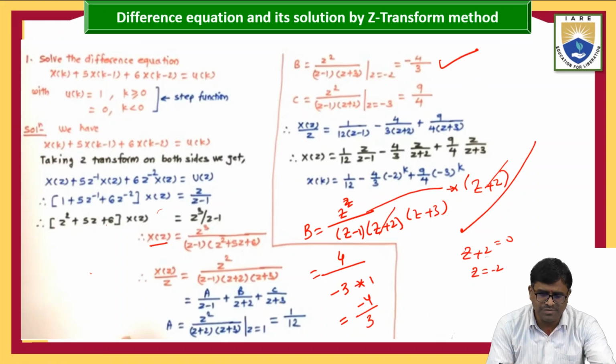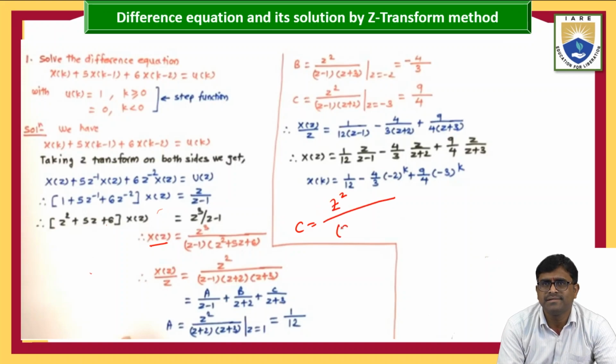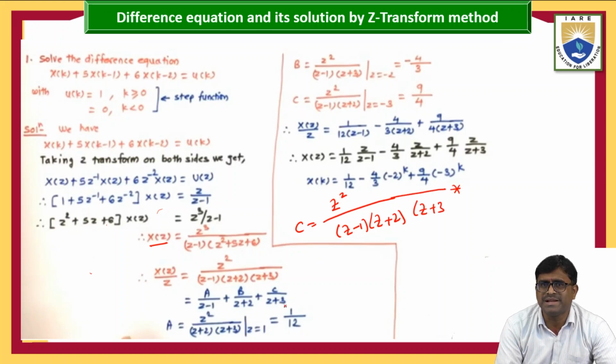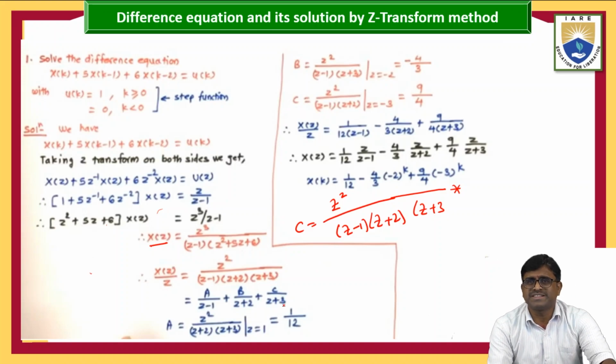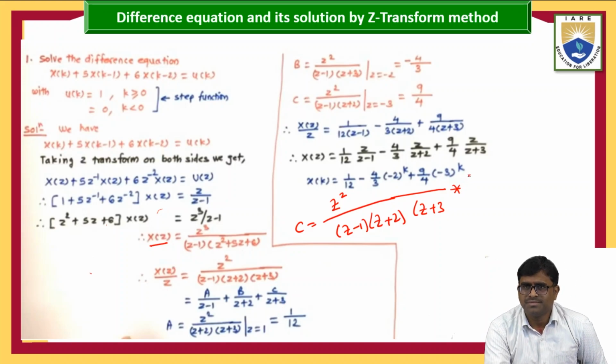Now I am going for the c value. c equal to the total function, z square by (z minus 1), (z plus 2), (z plus 3), into the c value denominator, which from the partial fraction expression is z plus 3.